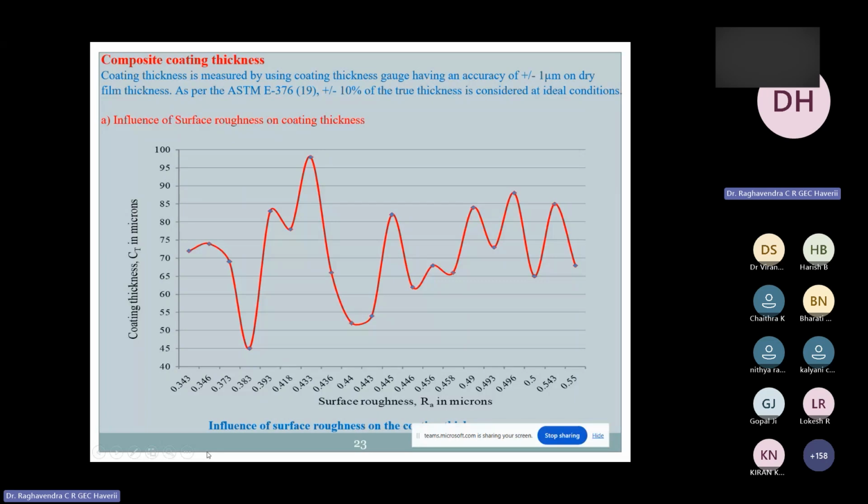This coating thickness has been measured as per the ASTM E376 standard, with plus or minus 100% true thickness considered as ideal, measured in dry conditions. As you can see, the coating thickness varies with the surface roughness; as I was telling, the substrate has to be prepared and treated. This is how it varies.